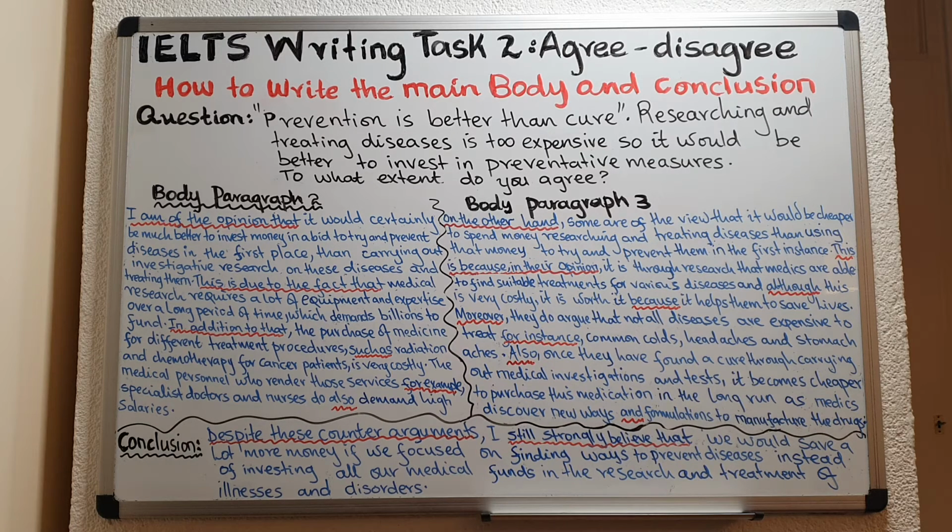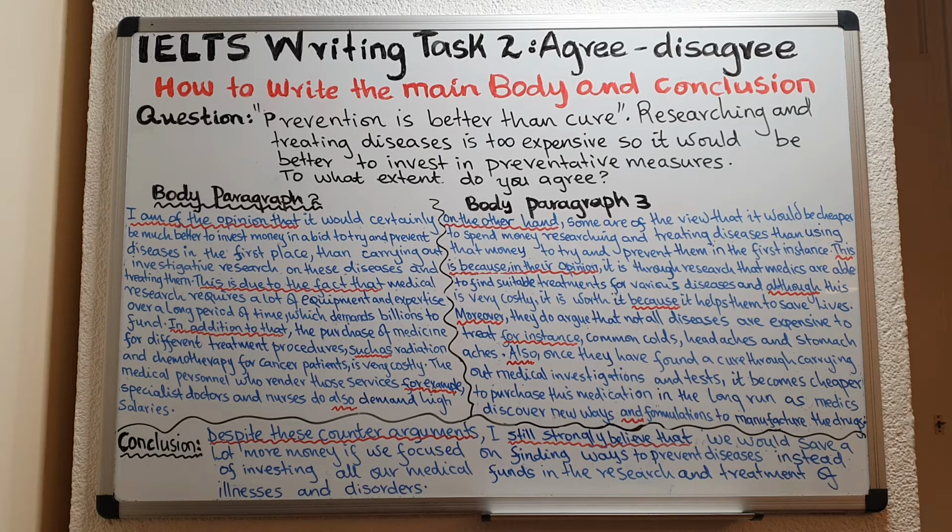Now, the other thing that is important to remember is the academic writing task 2 is a formal essay. And you could get very many different types of essays for your task 2. You could be asked to write an opinion, a discussion, an advantage-disadvantage type of essay, direct questions, and you could even get solution type of essays.